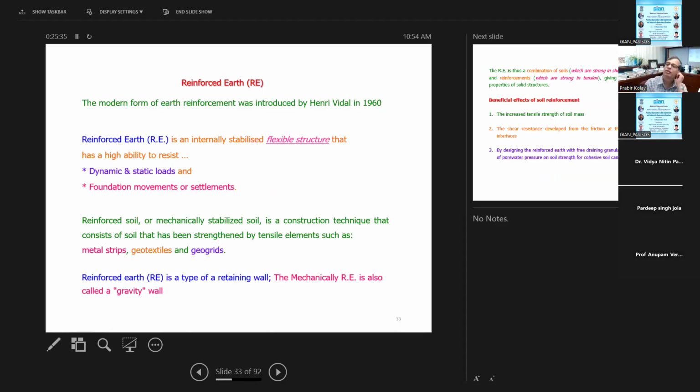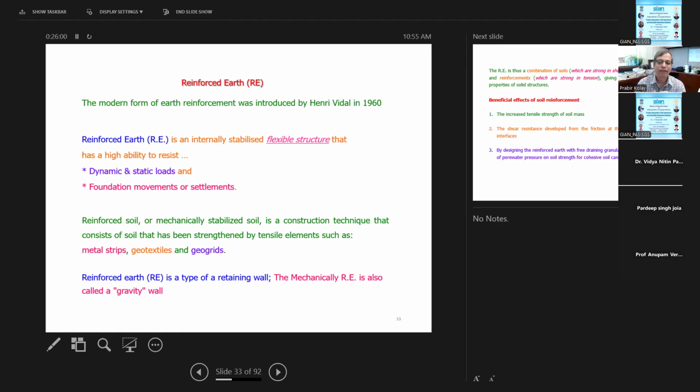And then we also talk about the different reinforcing materials used to stabilize the soil. The modern form of reinforced earth was introduced by Henry Vidal in 1960. Reinforced earth is an internally stabilized, flexible structure that can handle dynamic and structural loads, foundation movement and settlement.